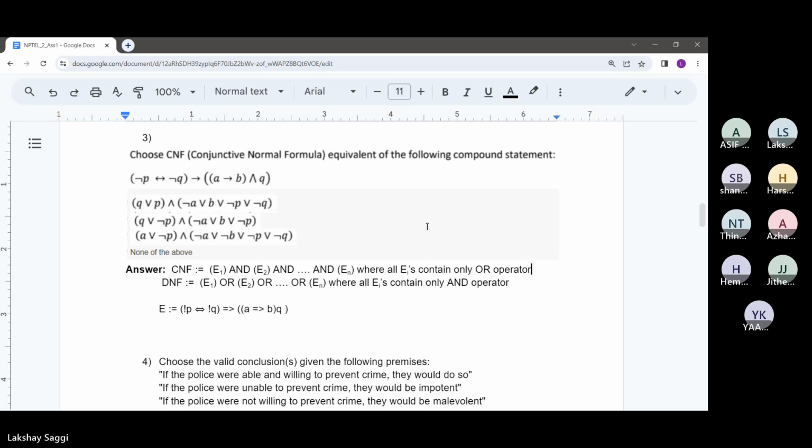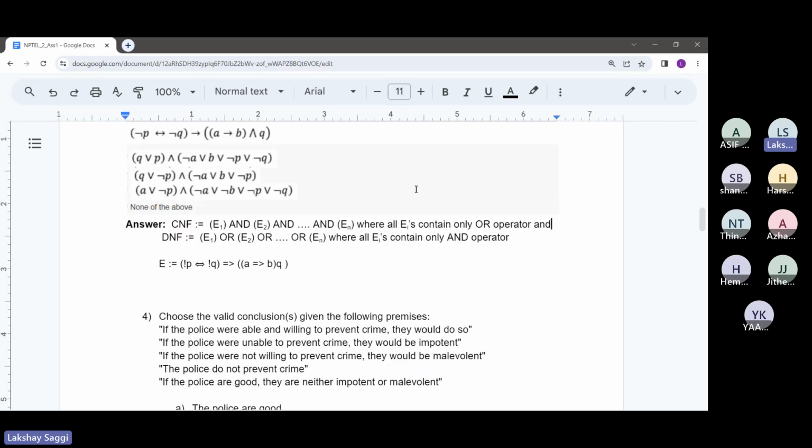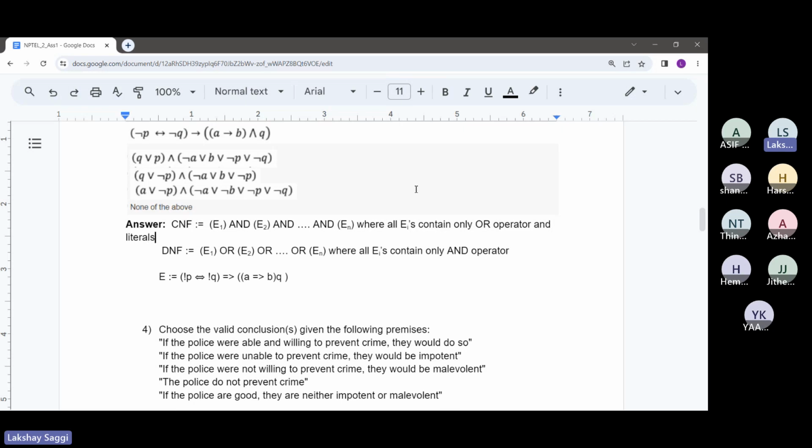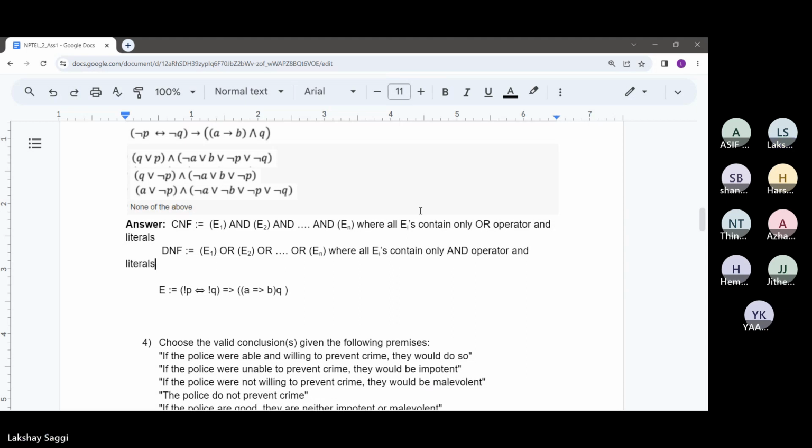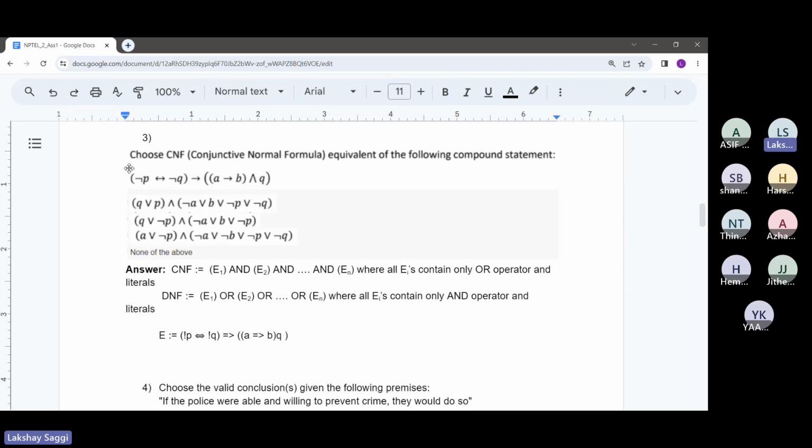They contain only operators and literals. So literals are basically something like P as well as not P. All of these, like Q, not P, can also come inside these E1, E2 and E3.